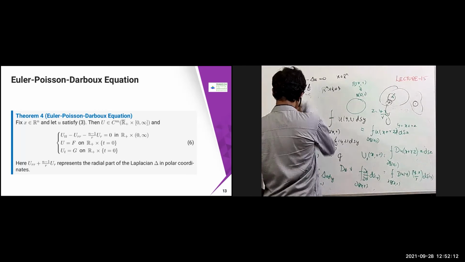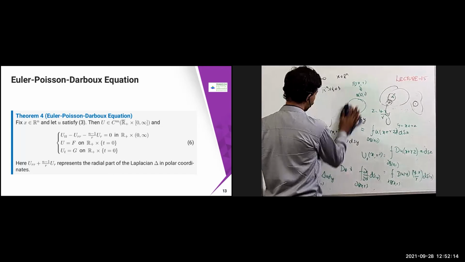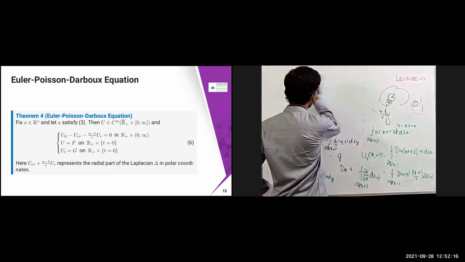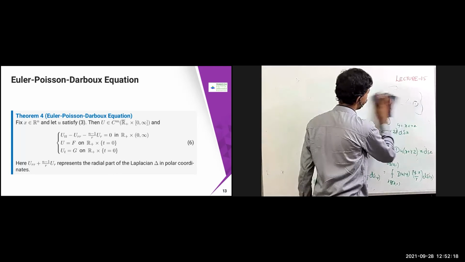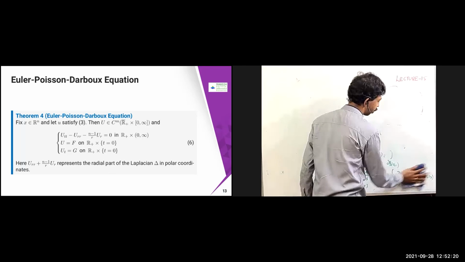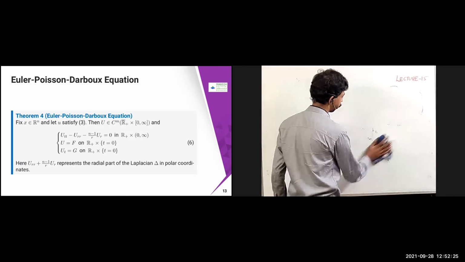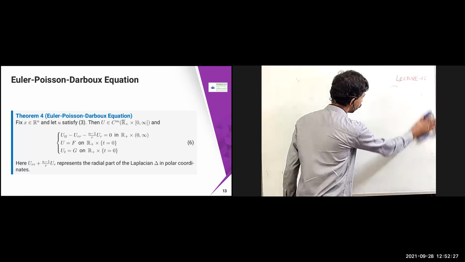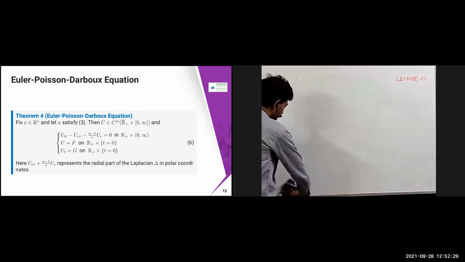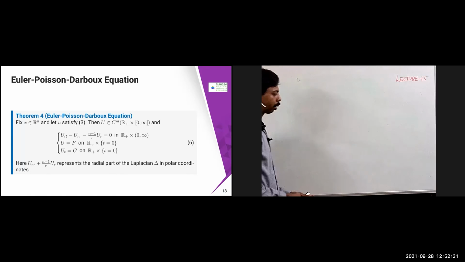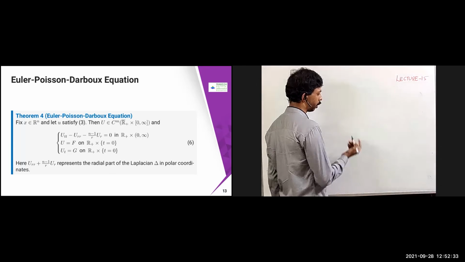So these are all the preliminaries. Whatever we have discussed so far is the preliminary for this Euler-Poisson-Darboux equation theorem. Using the concepts which we have discussed so far, we can complete it quickly. So using these preliminaries, we are going to derive the Euler-Poisson-Darboux equation.